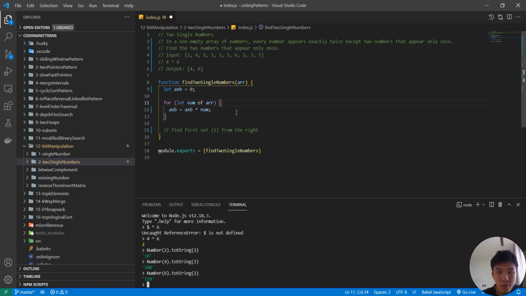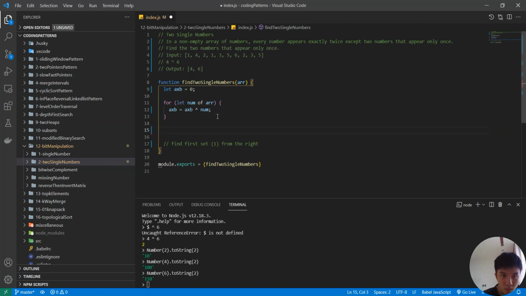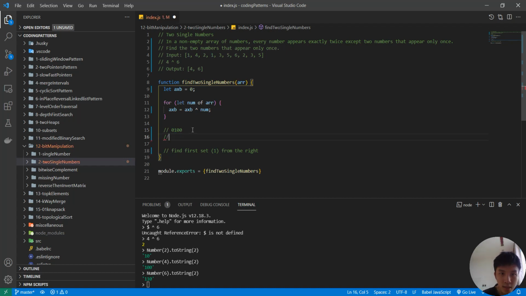One thing we can do is, for example, we have this binary representation and we need to find this bit. One way to do that is we AND it with 1 first.